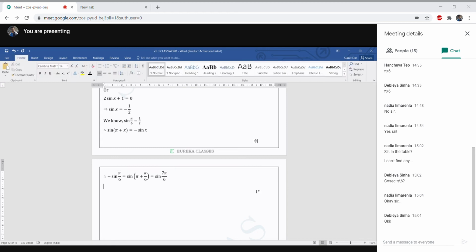Therefore, we have to solve this part, sine x equal to minus 1 by 2. We know that sine pi by 6 equals 1 by 2, so minus sine pi by 6 equals minus 1 by 2, understood?